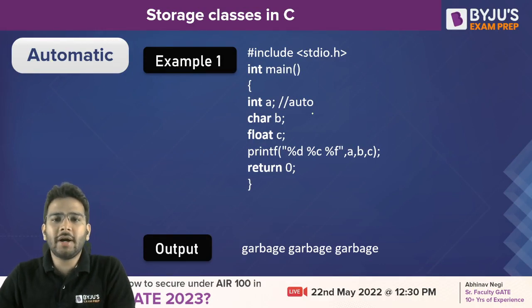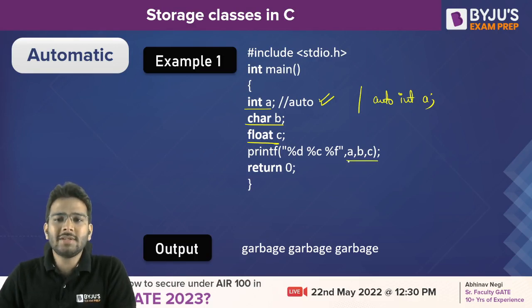So in case of automatic, let's say here I'm writing int a, right? So by default, this is auto. By default, this is an auto variable, clear? Or I can also write like this, auto int a. Similarly, this is also an auto variable, right? And now we are printing. We have not initialized them, we are just printing them. So what is happening?